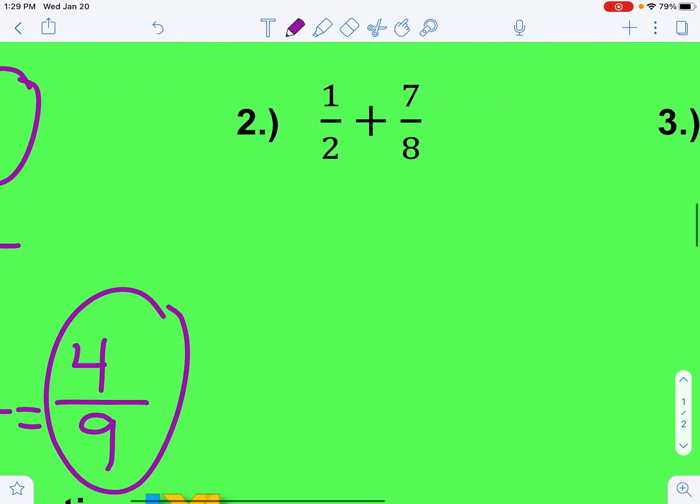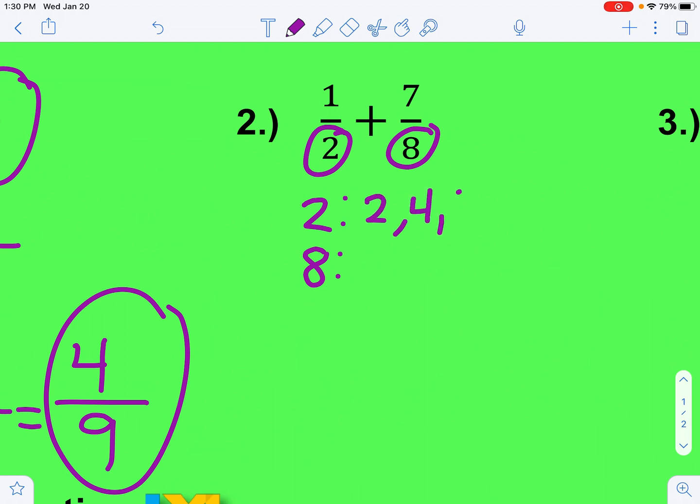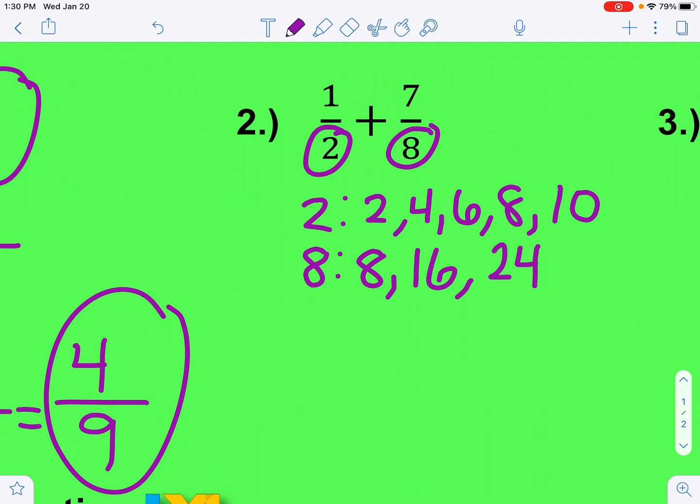Moving on to number 2, we have 1/2 plus 7/8. You notice we have a 2 and an 8 for our denominator. They are not the same. So we need to count by 2's and 8's to figure out what our denominator is going to be. Starting with 2: 2, 4, 6, 8, 10. Starting with 8: 8, 16, 24.